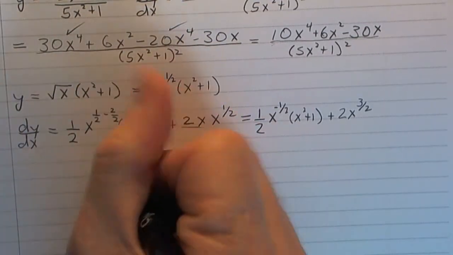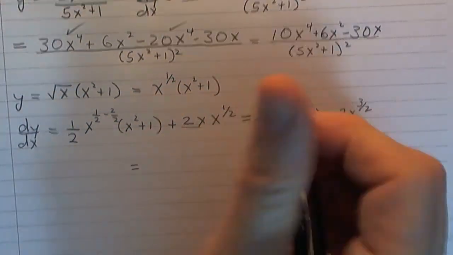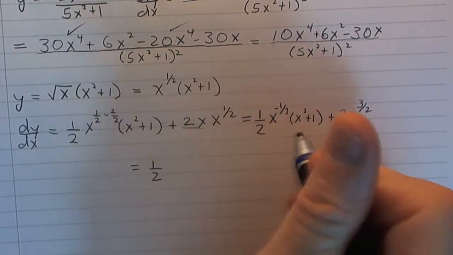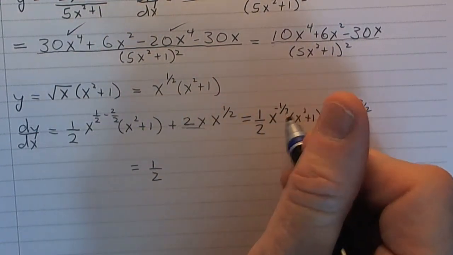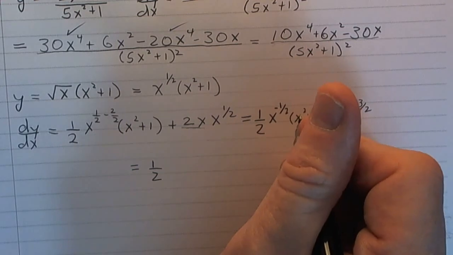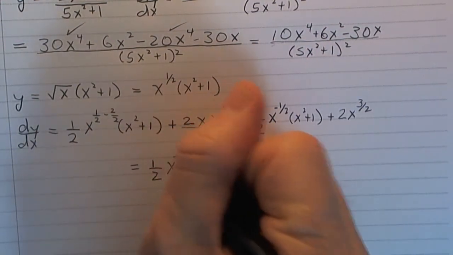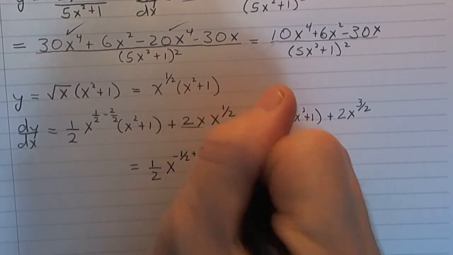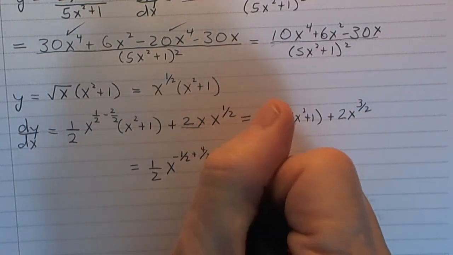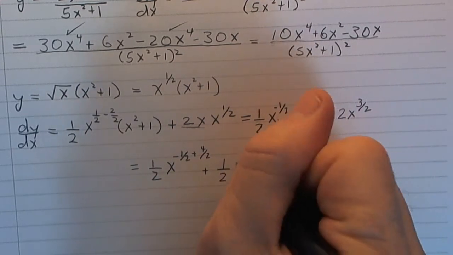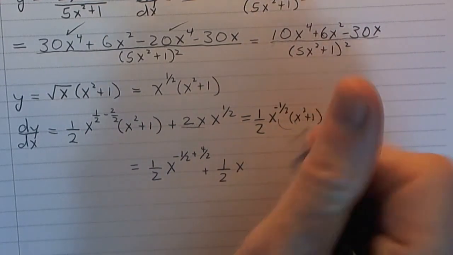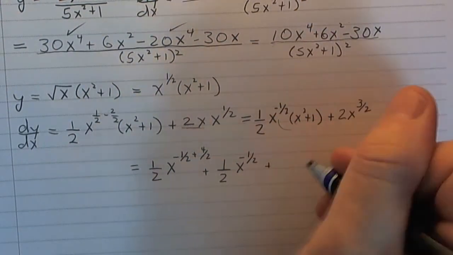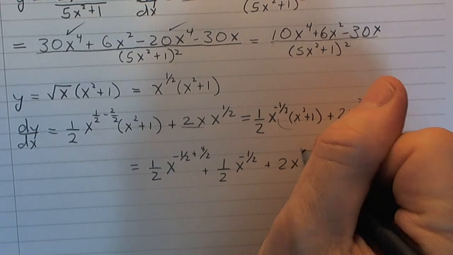Now let me go ahead and go a little further. I've got 1/2, and I'm going to distribute this 1/2 x to the negative 1/2 through here. So I've got 1/2 x to the negative 1/2 plus 2, that's 4 halves, plus 1/2 x to the negative 1/2, plus 2x to the 3 halves.